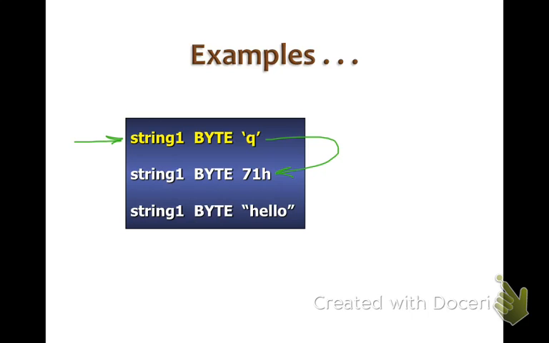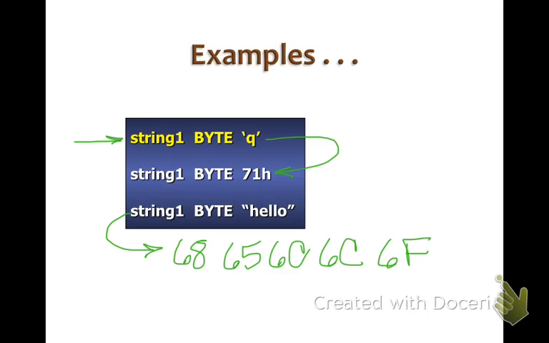So if I looked at the piece of memory called string, I would see these hex characters, 68, 65, 6C, 6C, 6F, H. So that's what I would see as the initialization in memory if I were to look directly at memory.